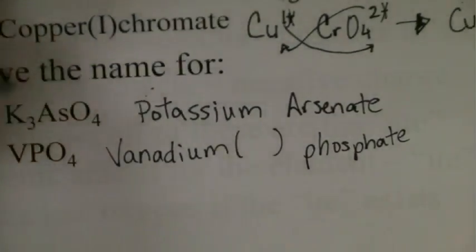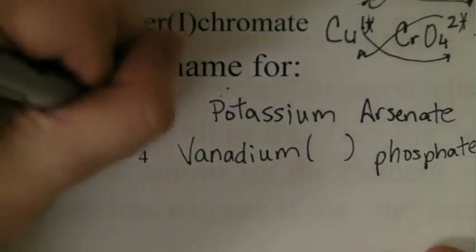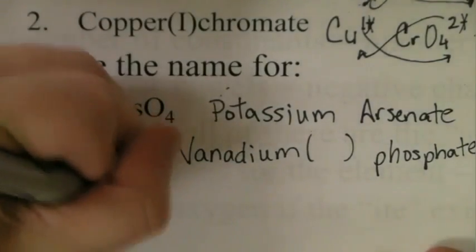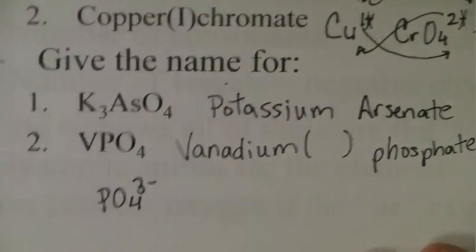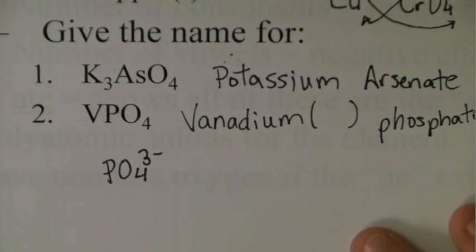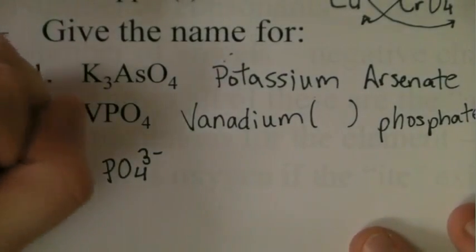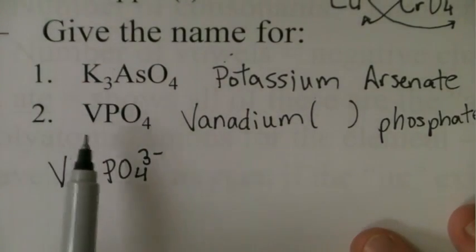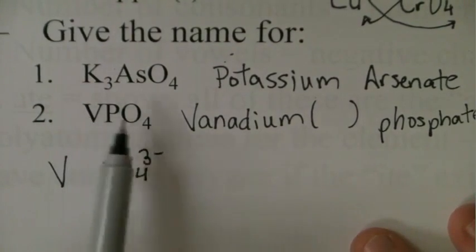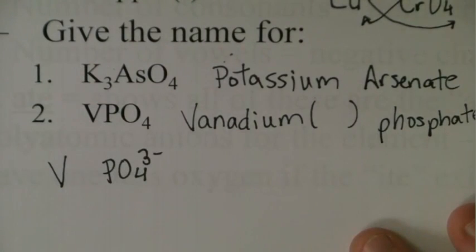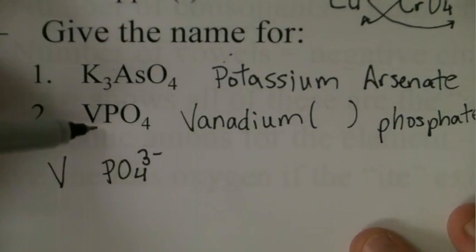So stick with me. If phosphate had a -3 charge, what charge did vanadium have to have in order for you to end up with 1 vanadium and 1 phosphate? I know this could be a little challenging, but just think about it. There's no 3 written here, which means it canceled out.